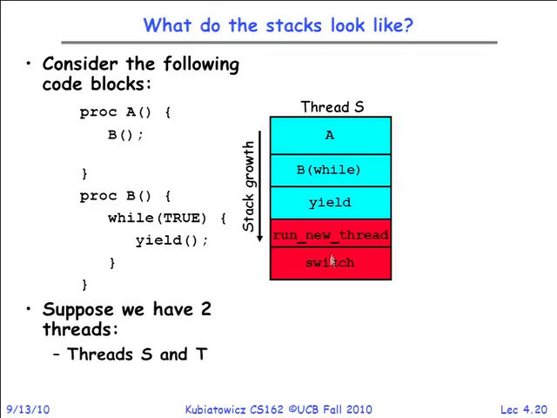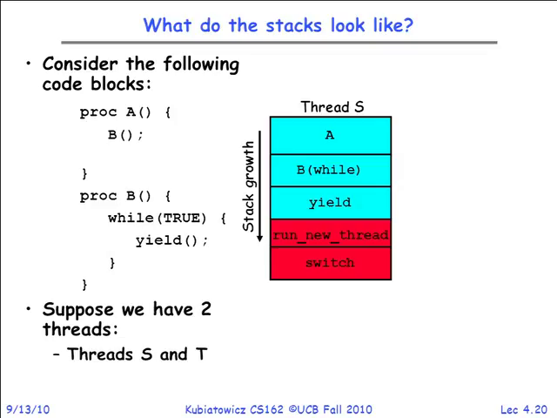What switch is going to do is switch all of the registers for thread S with all the registers for thread T. One of the registers we switch is the stack pointer, which means that by switching registers, suddenly we have a different stack.